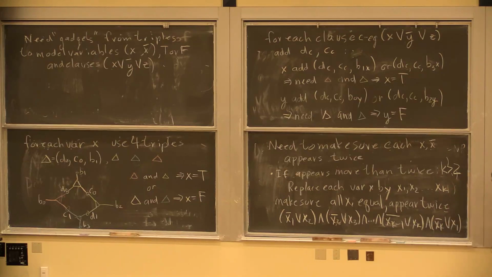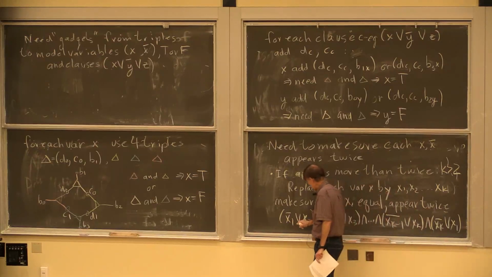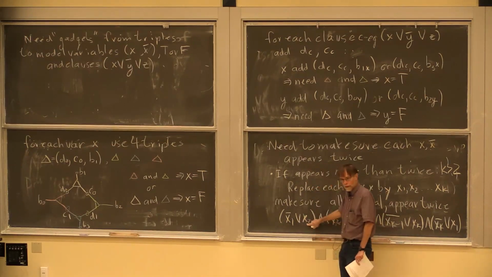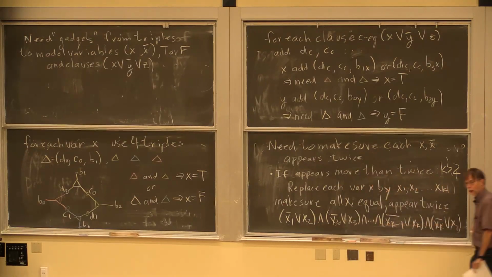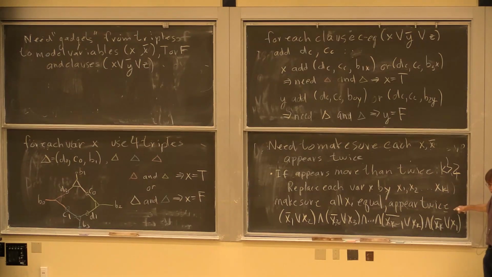Okay, so let's suppose that I need to pick x1 equals true in order to satisfy x equal true in the clause. So that means I'll pick x1 to be true, and so for this to be true, that means x2 has to be true, which means x3 has to be true, dot, dot, dot, which means they all have to be true. Right? So that ensures that if I pick one of them to be true, they all have to be true.